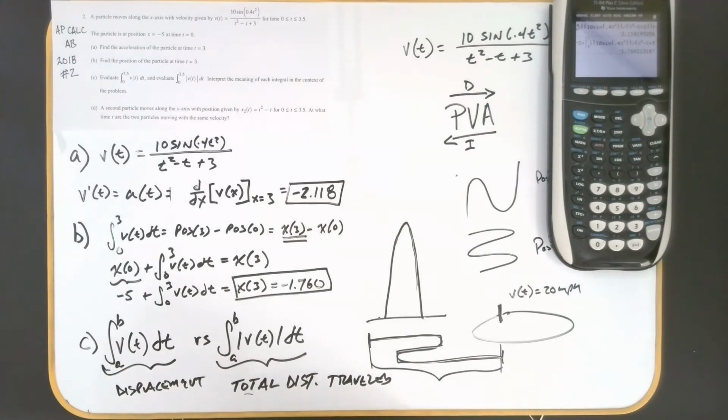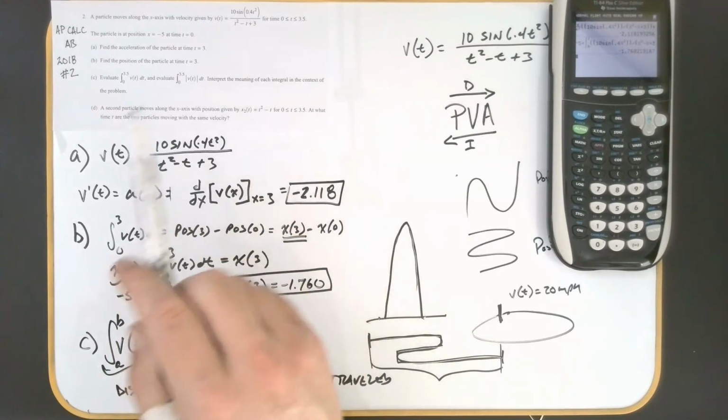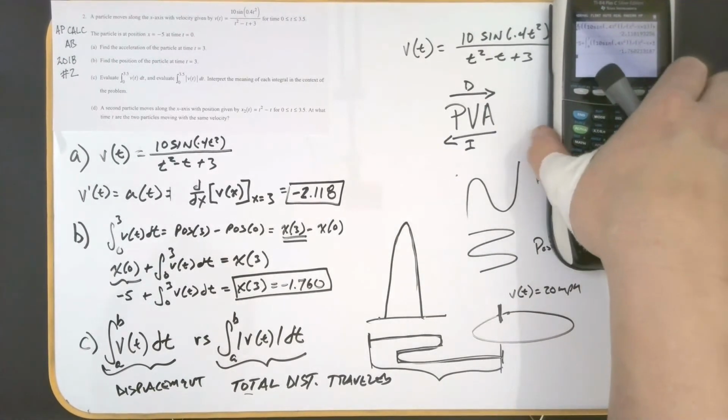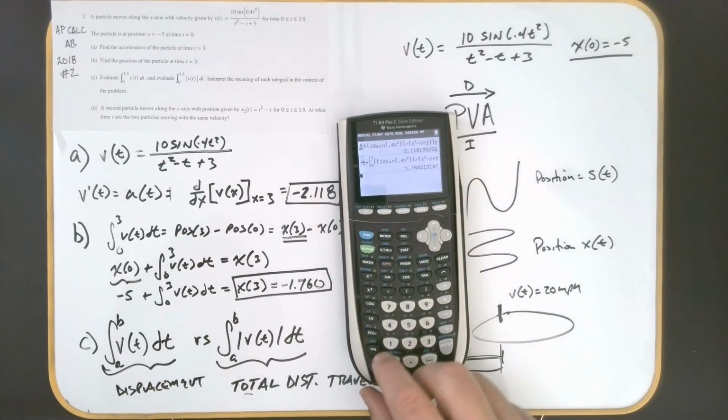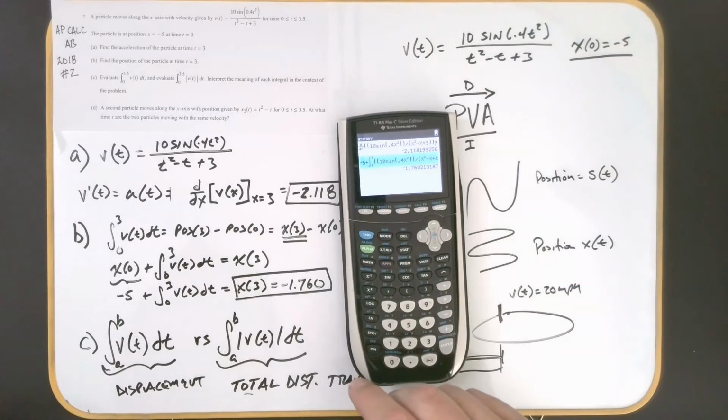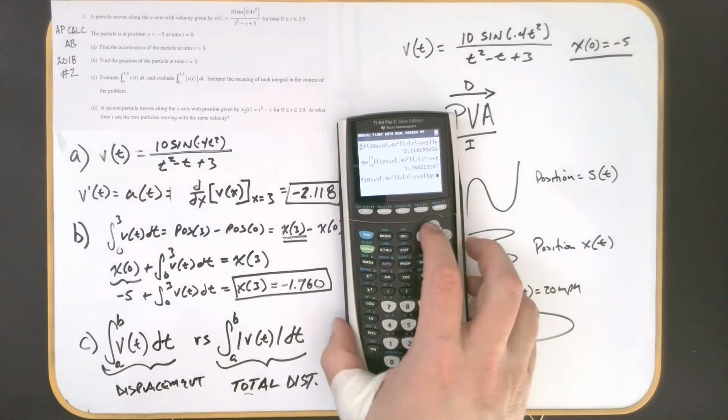But they want us to find them and then interpret what they mean. So I'm going to bet that after we do this, our answer for the absolute value is going to be a larger number. So let's go back to our calculator, and we'll take advantage of being able to do some editing. I'm going to go back up to the question we just did for the last question. I'm going to hit enter, and I'm going to be able to edit.